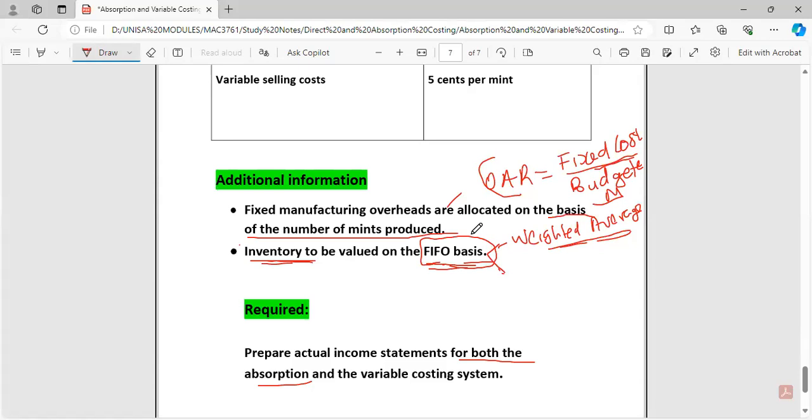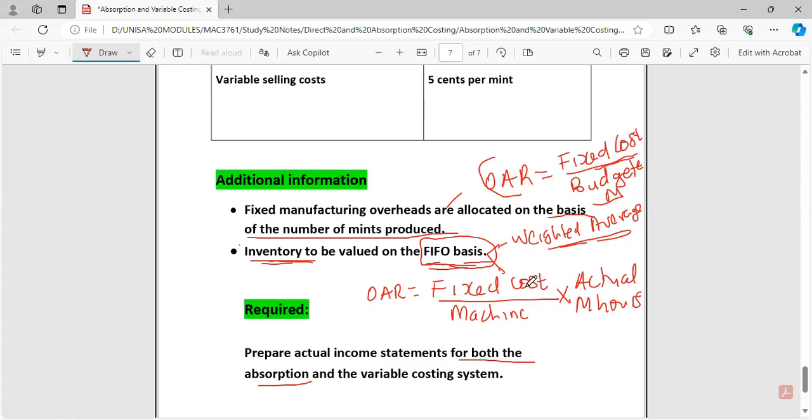In some of the questions, they can tell you to allocate based on labor hours. If they say you are going to allocate fixed manufacturing overheads based on machine hours, then your overhead absorption rate is going to be the fixed cost over machine hours, times actual machine hours.